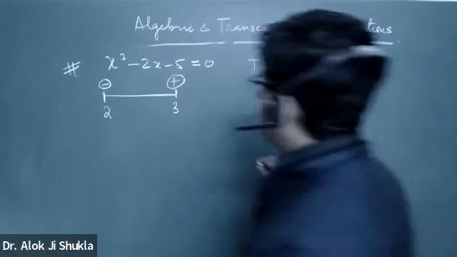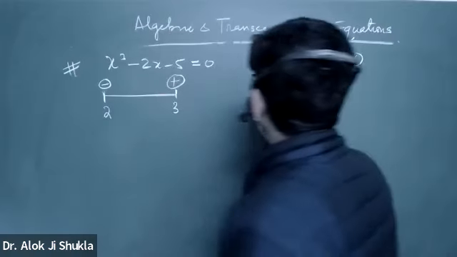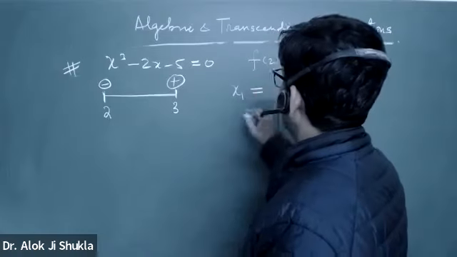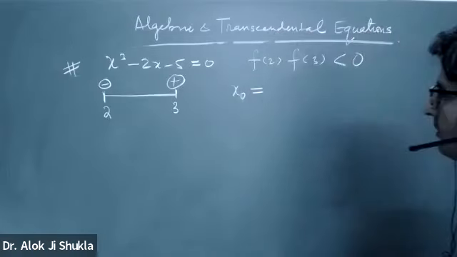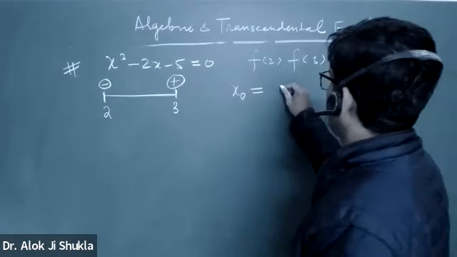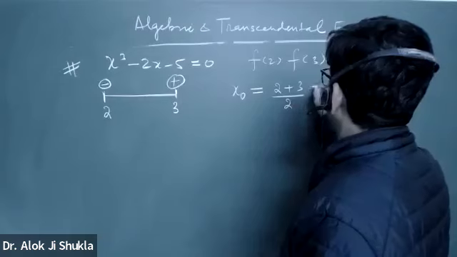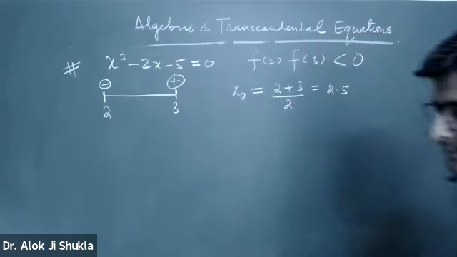So now what method I told you? The first step is to get x1, or I can say x0, that is equal to 2 plus 3 by 2, which is 2.5. Yes?